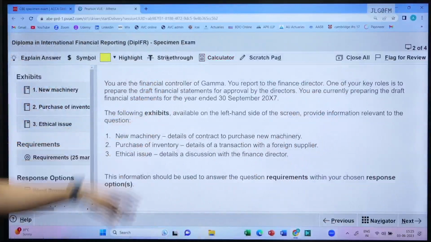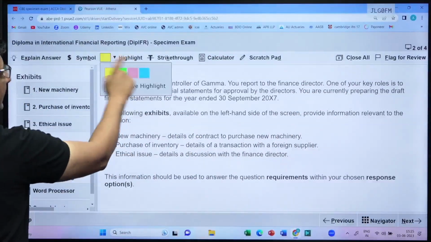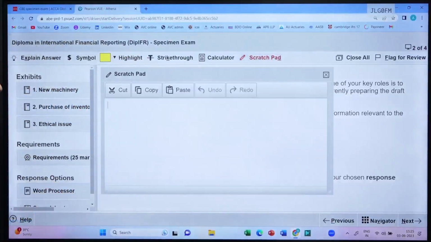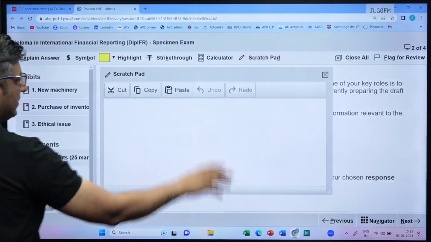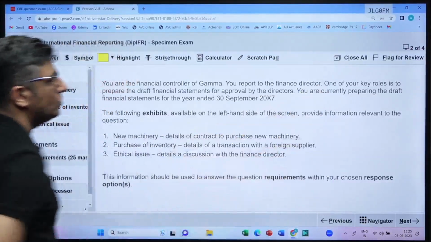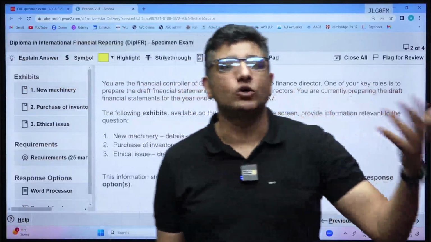We'll see some information around that. I can use some highlighting options. I can use some scratch pad if I want to. They're all options available with me. I may want to do that, so that discretion is available. Of course, I can type something if I need to, okay? But I'm not using it. Normally, in my examination, I may not be required to use it, right?